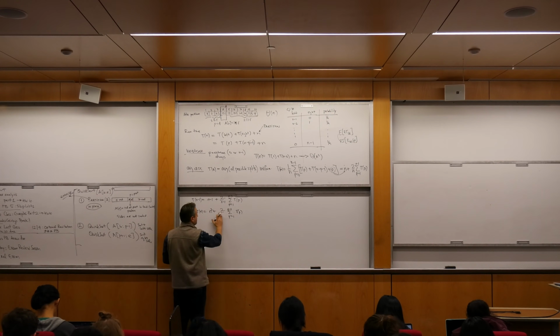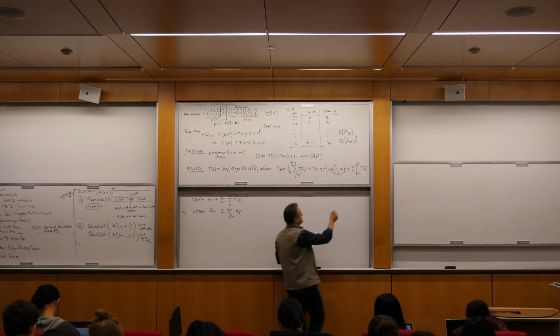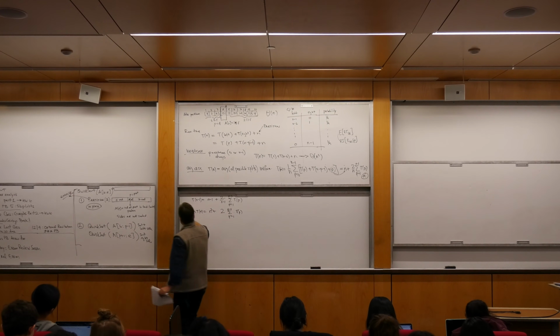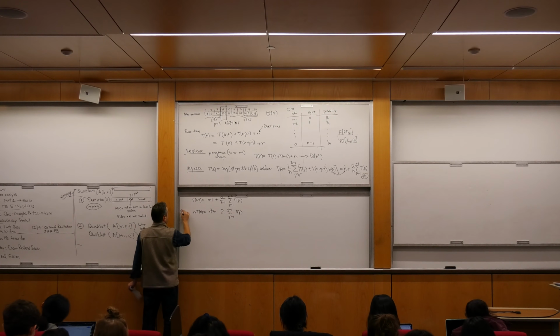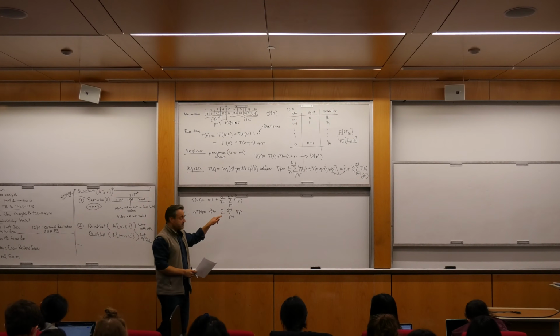Right? The n goes away in here. So from this one, let's put a star to it. This is the equation star, multiplied times n.